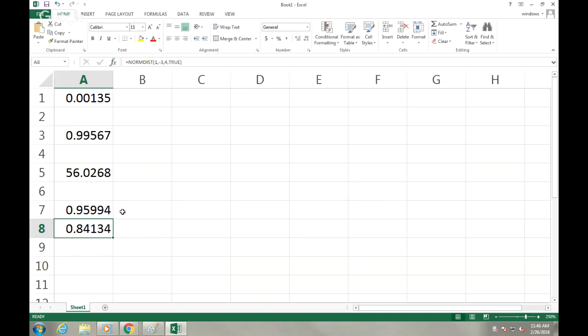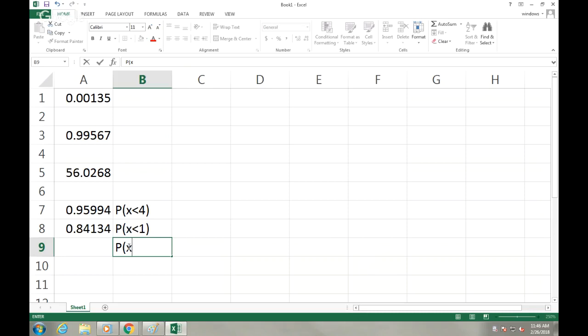So this is the whole blue slice below 4. This is the slice below 1. And to get this, okay, I'm going to just subtract.